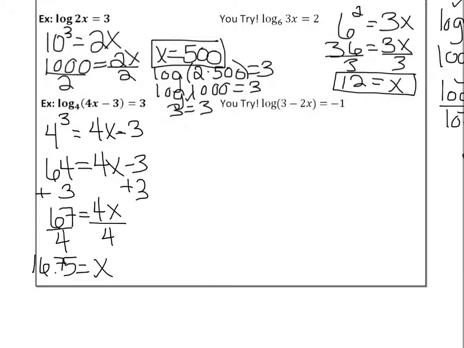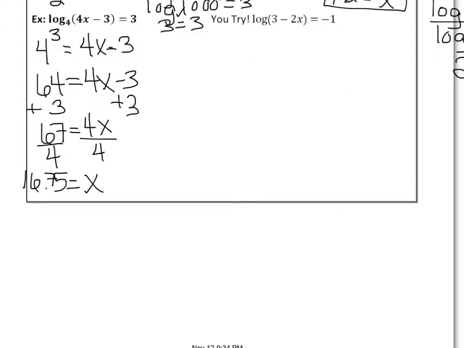So now we're going to check it. So log base 4 of 4 times 16.75 minus 3 equals 3.